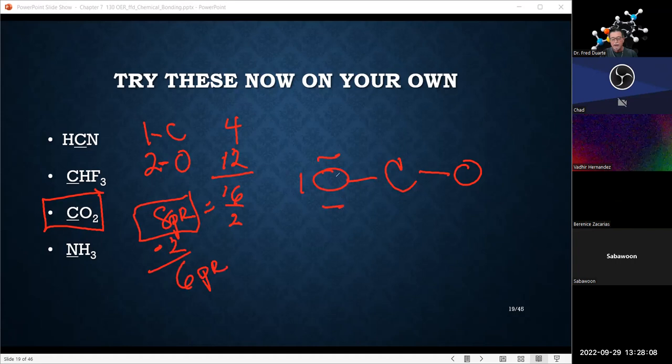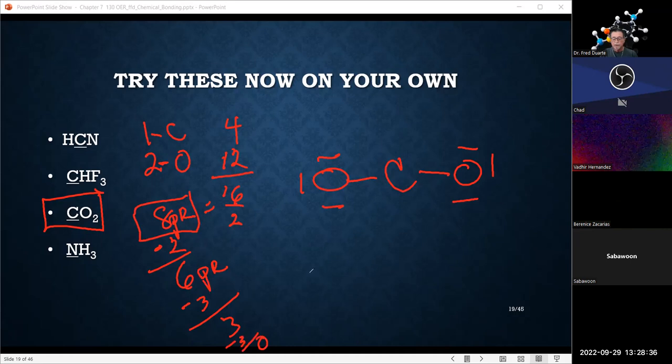Now I can't add any more to the left oxygen, because there's a total of 8 electrons around it already. I can put it on the carbon if I want, but I prefer to stay on the outside atom. So I took care of 3 there for the oxygen on the left. So I got 3 left. I just go to the other oxygen and put 3 there. Okay. And I took care of that.